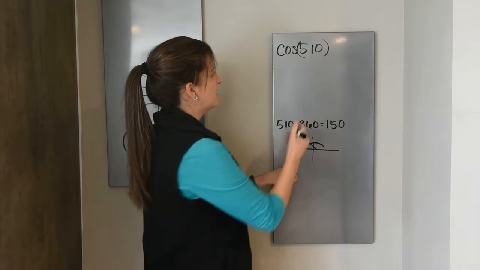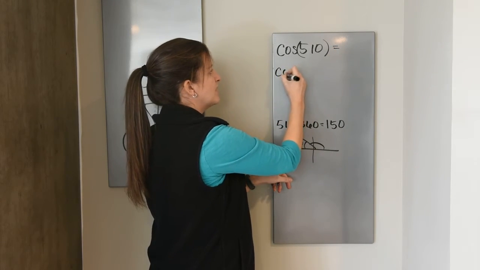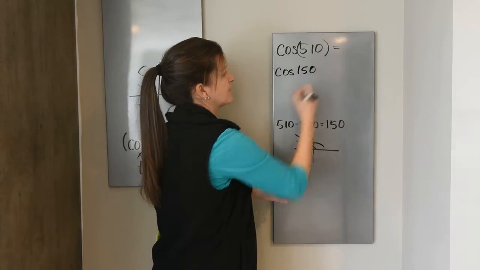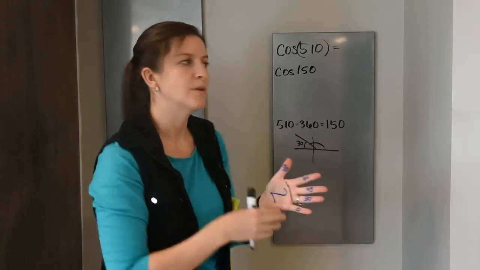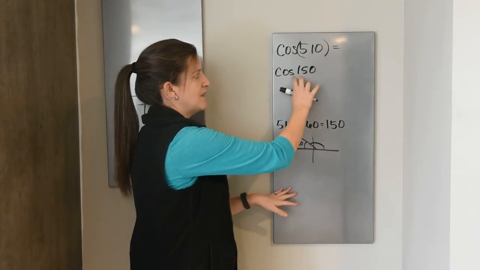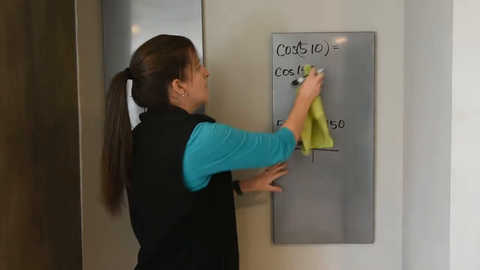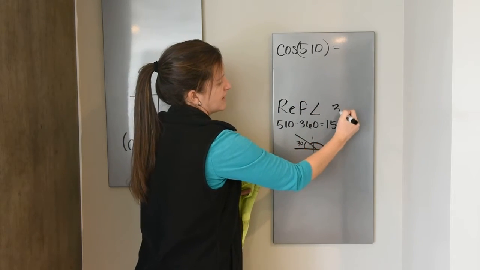Okay, so this has a reference angle of 30, so it's going to be equivalent to the cosine of 150. Okay, reference angle of 30. That's what you need to remember. You don't really even need to have this. It's equivalent, yes, because they're coterminal angles, but you just need to remember your reference angle is 30.